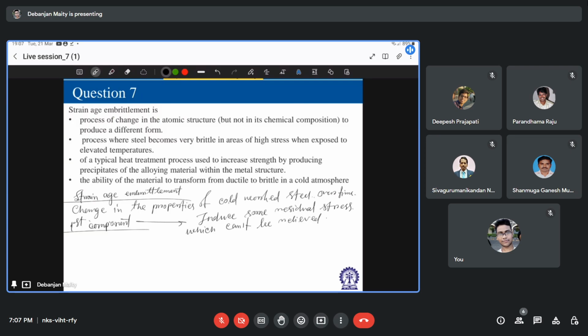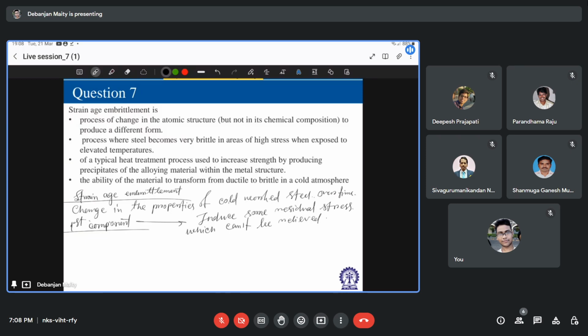So it happens immediately after some application of load, some simple amount of handling, or just after some repetitive use. This embrittlement happens due to those impurities in the steel, or this induction of residual stress.